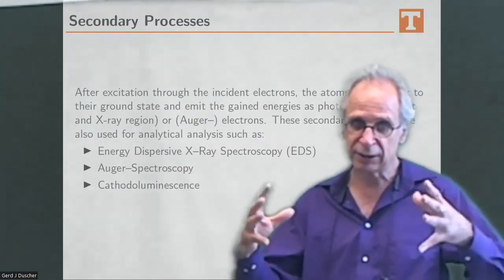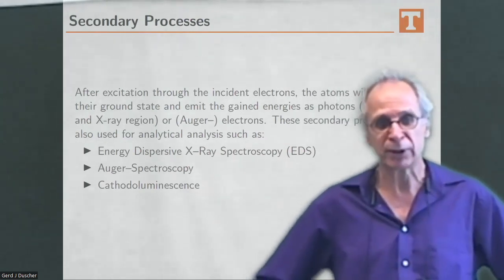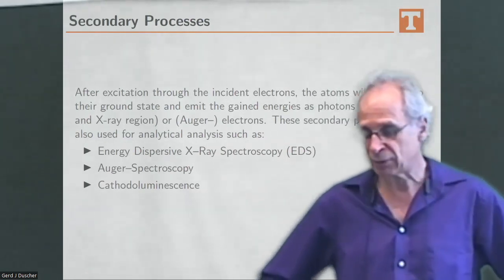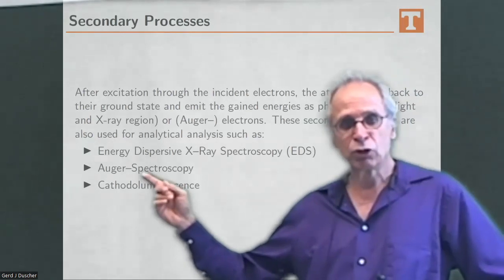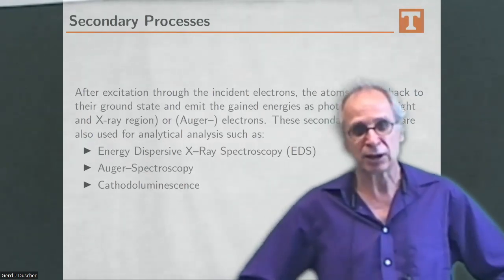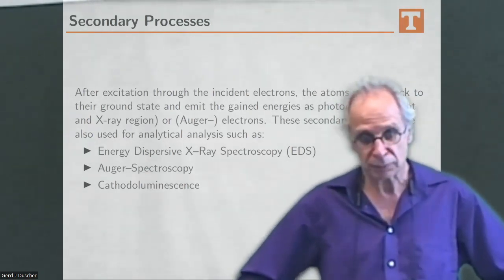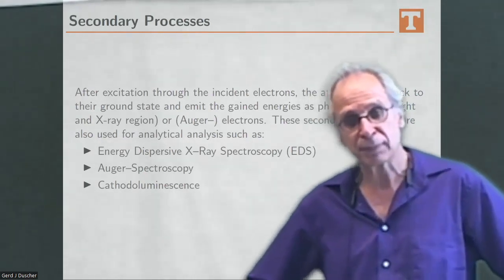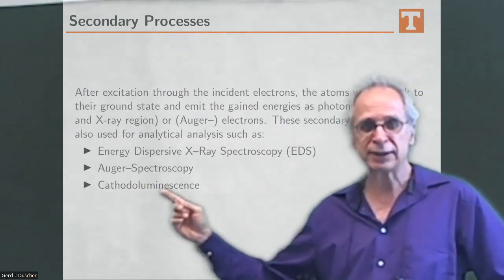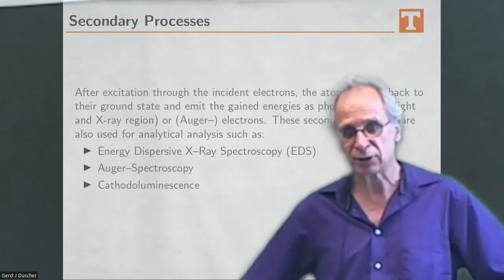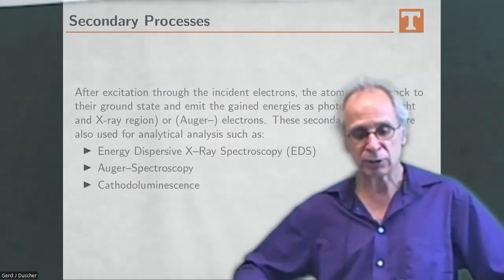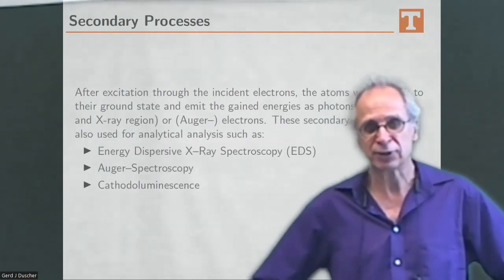So the key thing is we collect more and more information simultaneously with our microscopes. Auger spectroscopy is not used in a TEM, and cathodoluminescence is used very little. So that is the optical photons that come out after we have that excited.